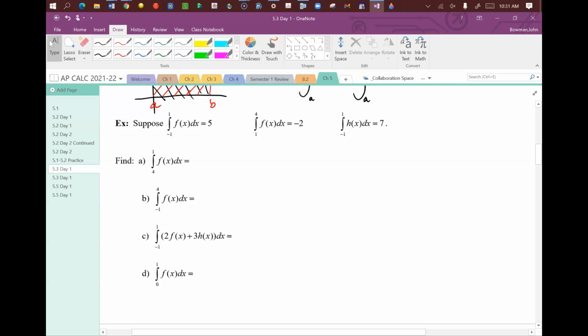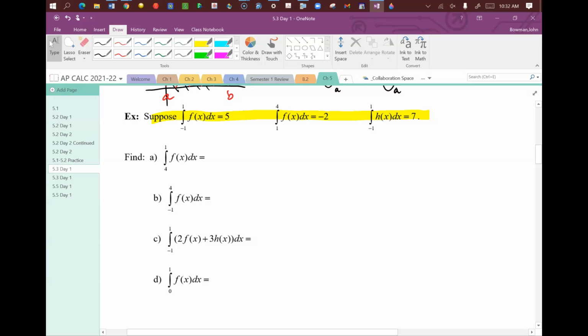So we were given this information up at the top, that I'm going to highlight in yellow, and we are asked to find the following integrals. The integral from 4 to 1 of f of x dx. Well, that is the opposite of the integral from 1 to 4 of f of x dx. So that would be the opposite of -2, or +2.